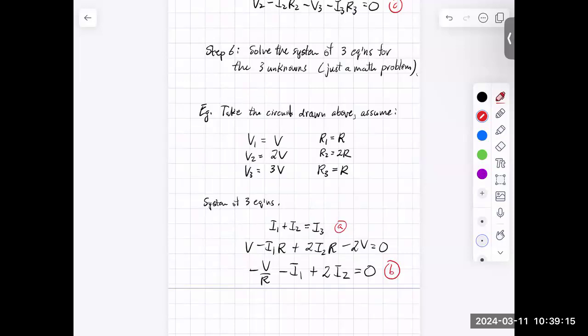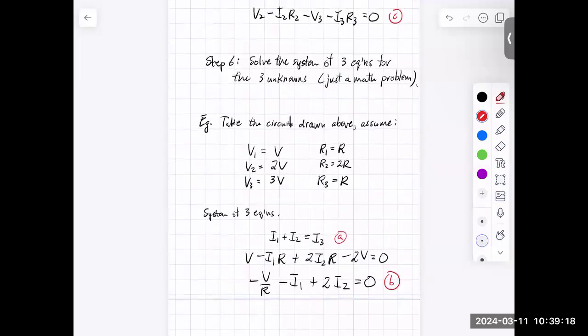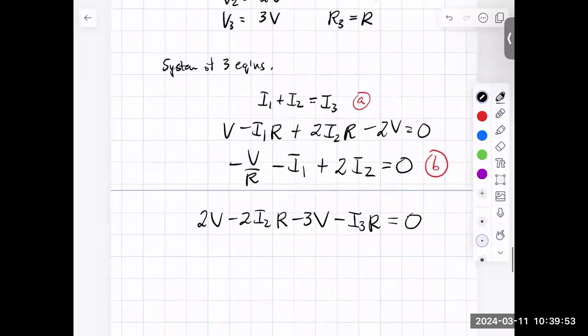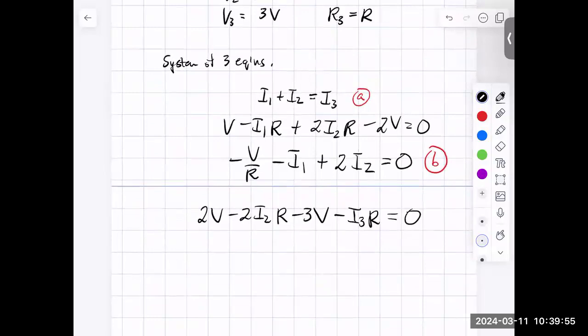Okay, and we'll do the same thing for the third equation. V2 is going to be 2V. So we have 2V, and then we have minus I2 R2. R2 is 2R. So we have minus 2 I2 R. And then we have minus V3, which is minus 3 times V. Minus I3 R3. R3 is just R. So it's minus I3 R, and that has to be 0. Okay, good. So we'll do the same thing.